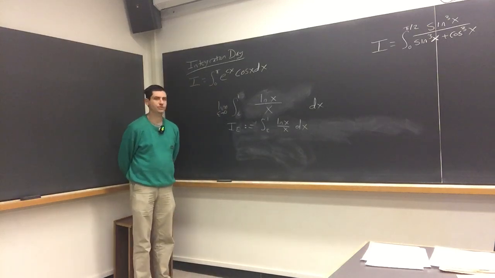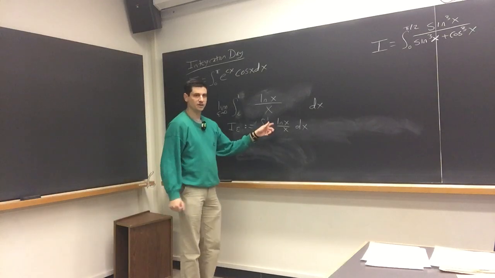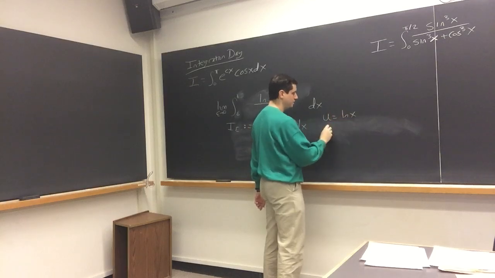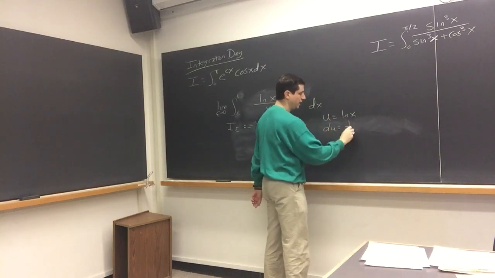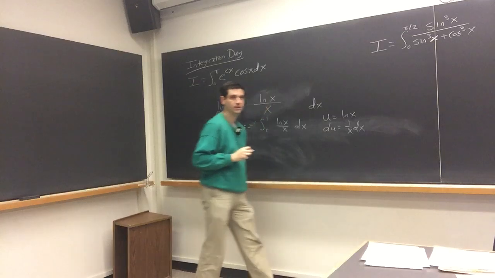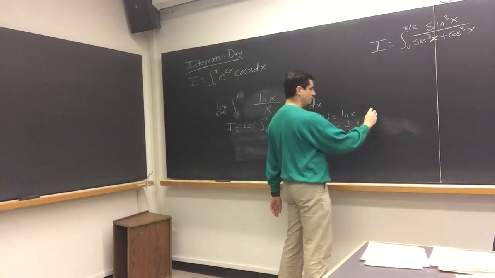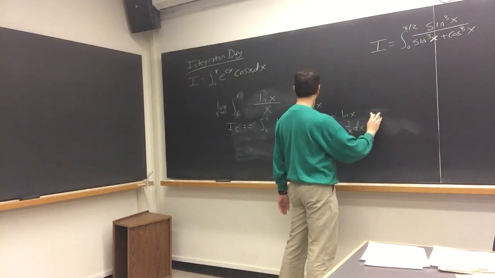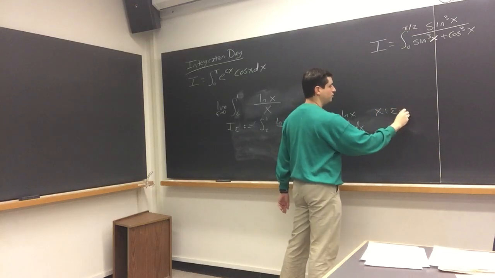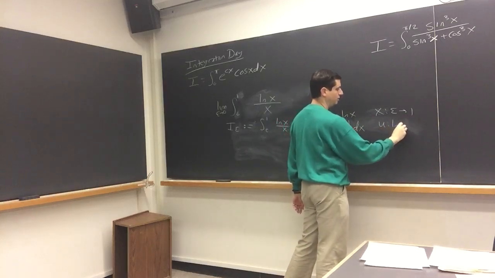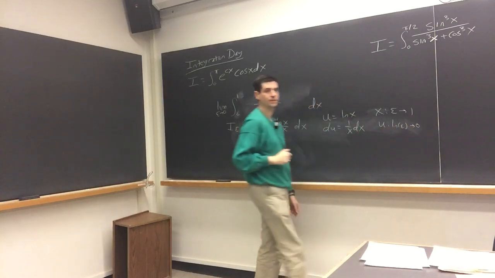Any thoughts on how we could integrate this? Yeah. It's a u substitution. If u is the natural log of x, then du is 1 over x dx. Yeah, so I like to go very slowly. As x goes from epsilon to 1, u is going to go from the natural log of epsilon to 0.